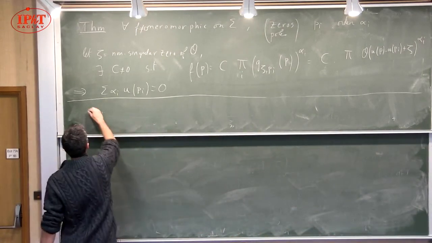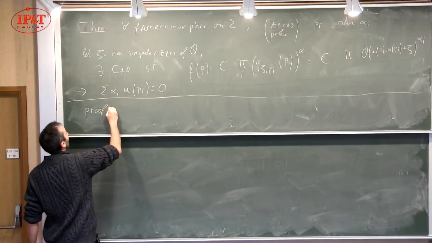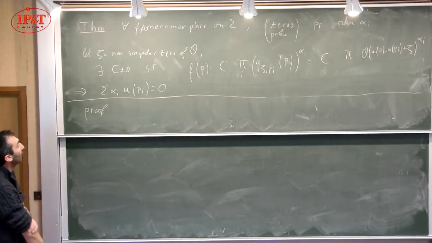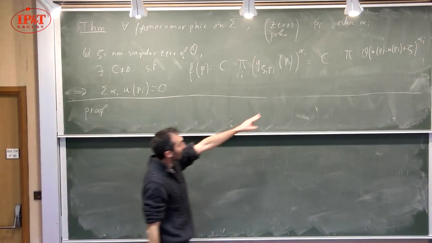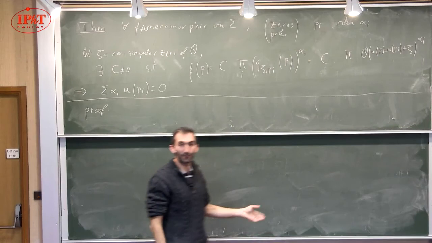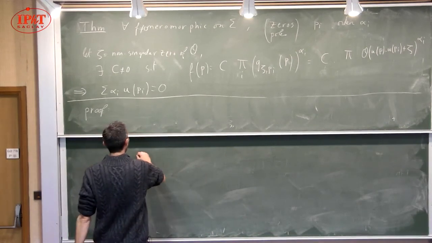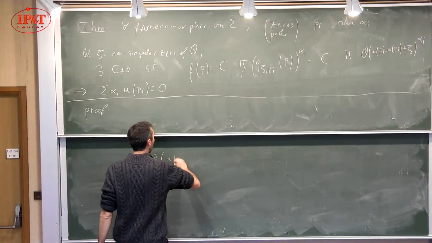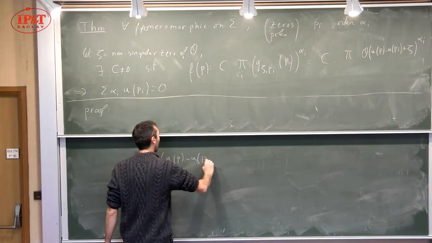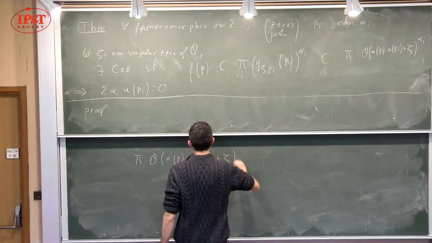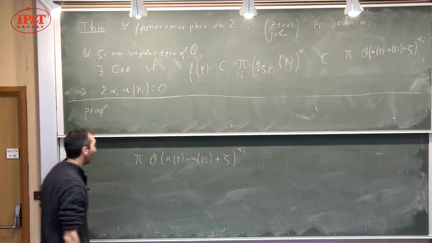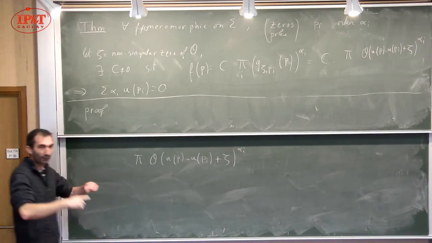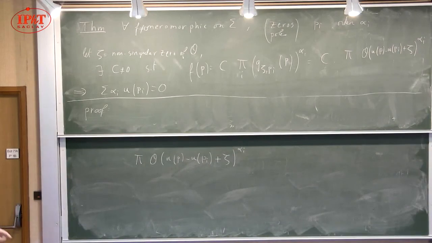Proof. Well, the first remark is: under what condition is the right-hand side indeed a well-defined meromorphic function? Take the product of theta of u of p minus u of pi plus zeta to the alpha i, and compute the discontinuity. Is it continuous across A and B cycles?